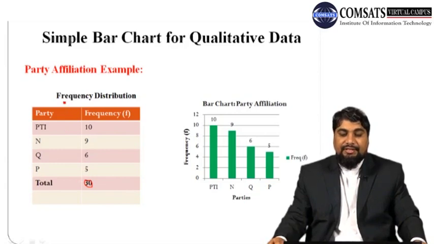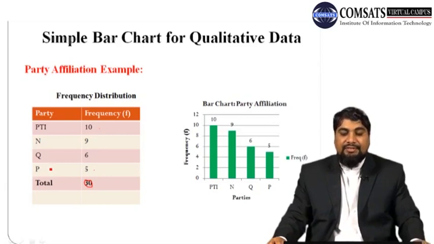So we constructed a frequency distribution in our previous lecture, and here it is: 10 students out of 30 are in favor of PTI, 9 out of 30 are in favor of PMLN, 6 students are in favor of PMLQ, and 5 students are in favor of PPP. This is hypothetical data, so it doesn't mean my affiliation to any political party.